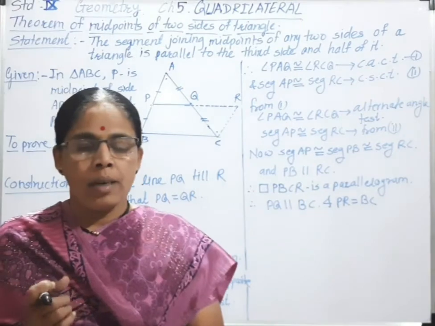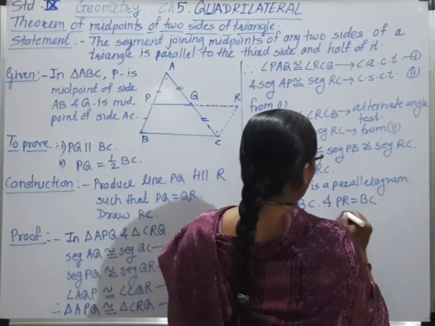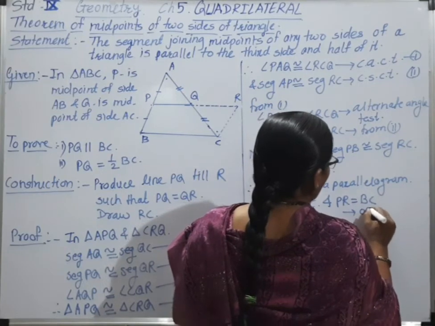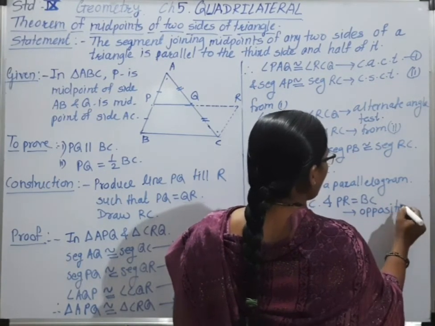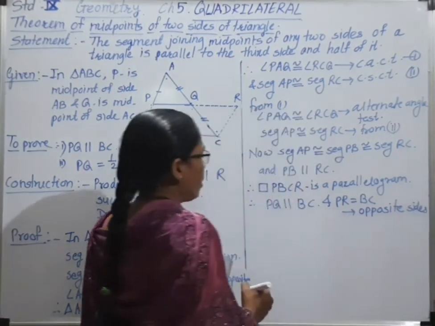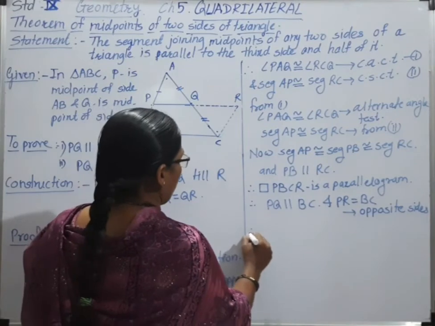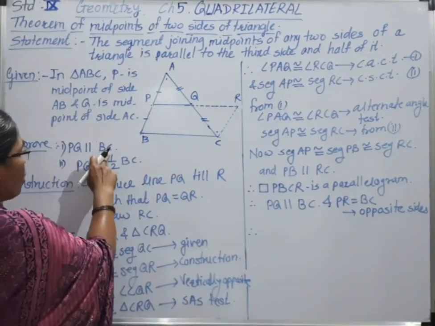Opposite sides are congruent. Here we have to write when it is a parallelogram, and we know the property. When it is a parallelogram, then the opposite sides are parallel and equal. Now one part we proved here. First, PQ is parallel to BC.